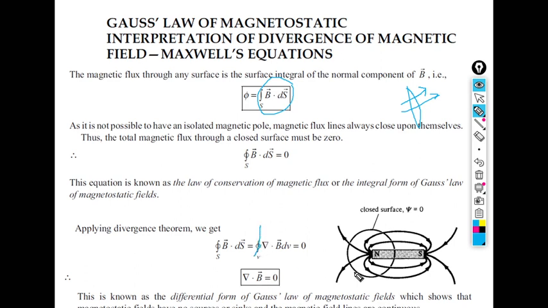So if I apply it, what I get is the volume integral of divergence B dV. Now what does it mean? The closed surface integral, the total magnetic flux through a closed surface, is equal to 0.